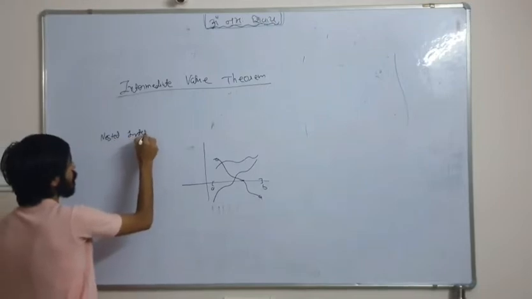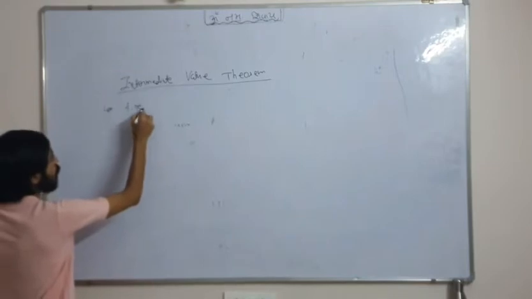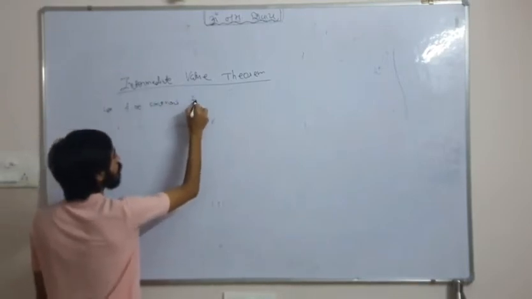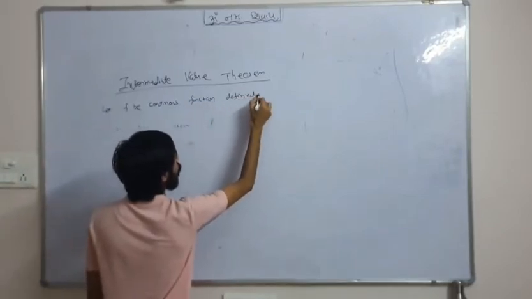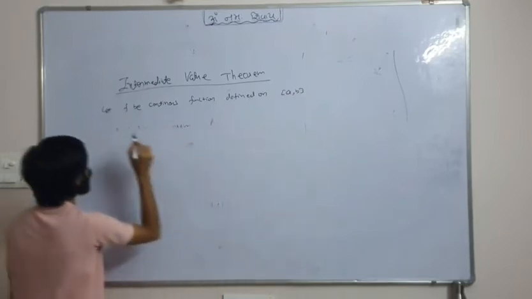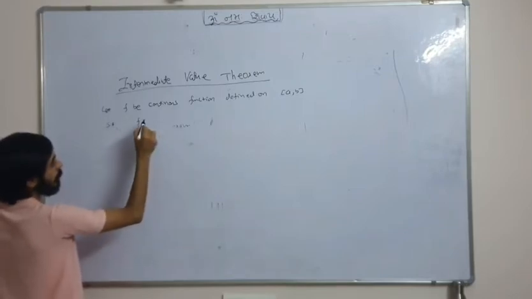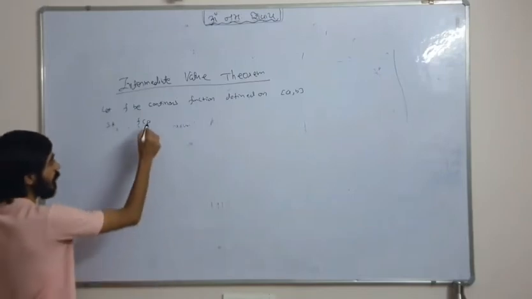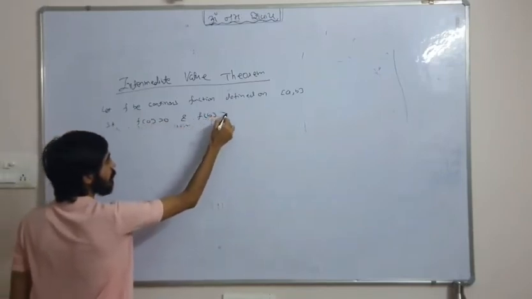Nested interval theorem. Let f be a continuous function defined on some closed interval [a, b] such that f(a) is positive and f(b) is negative.